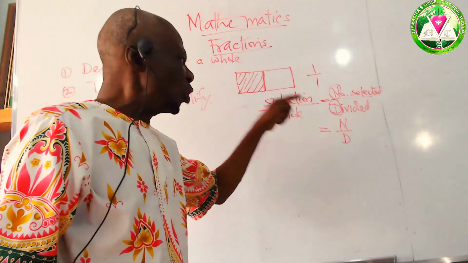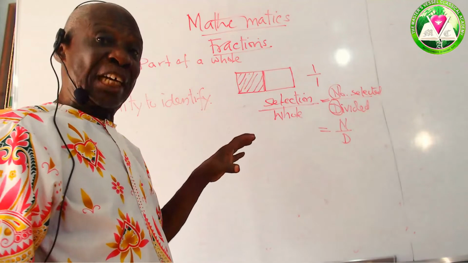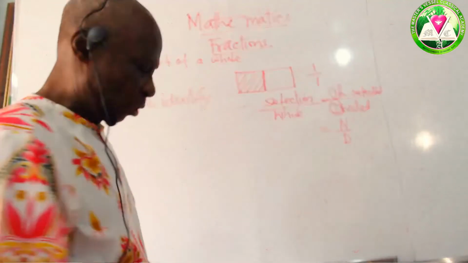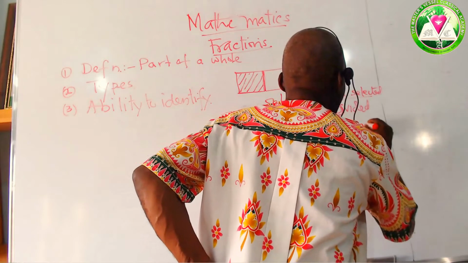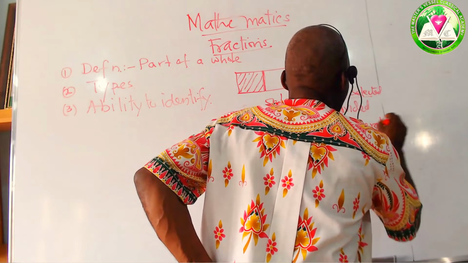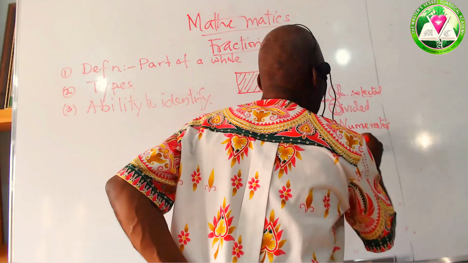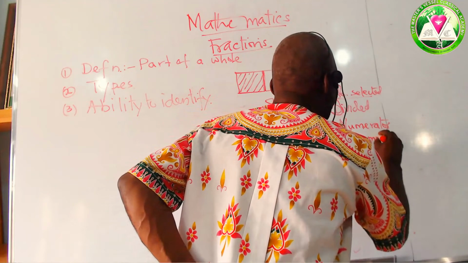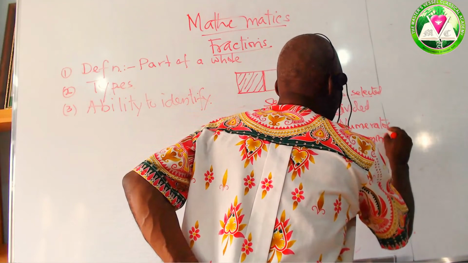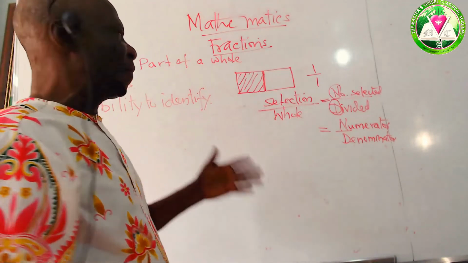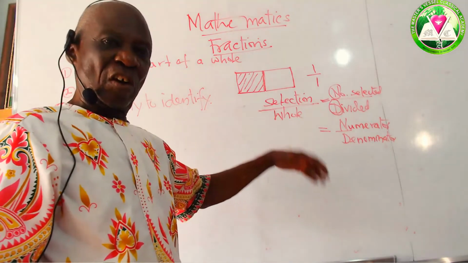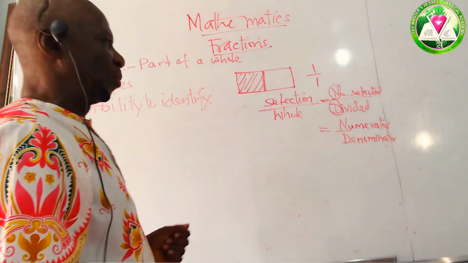But we call the number on top by a special name, numerator. And the one below we call denominator. Therefore, we can simply say that fraction is numerator over denominator.